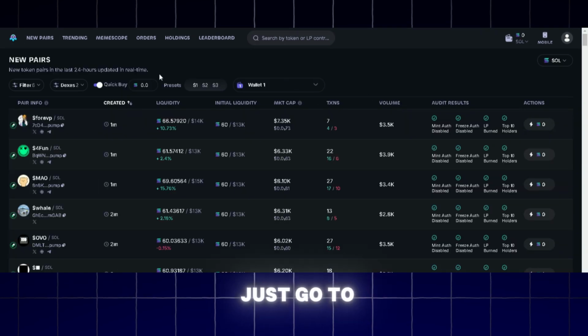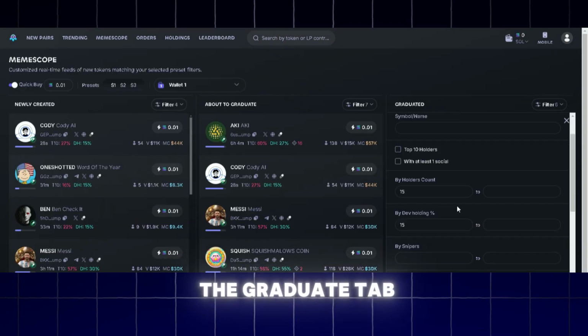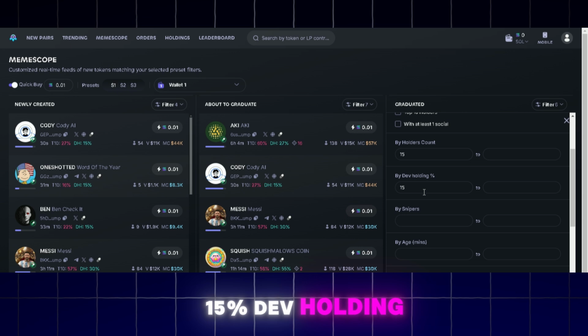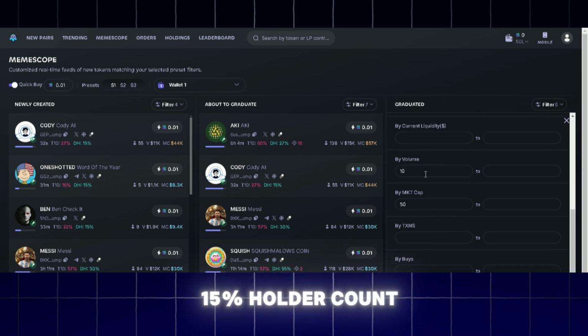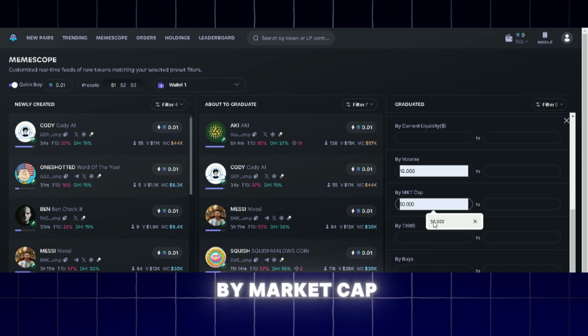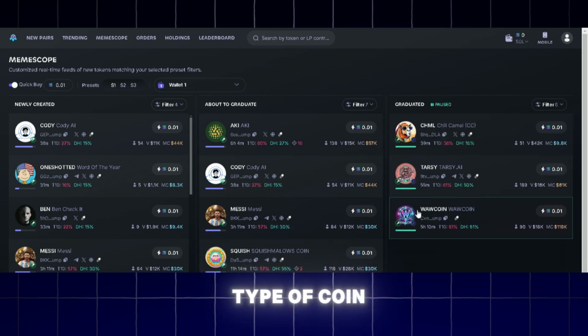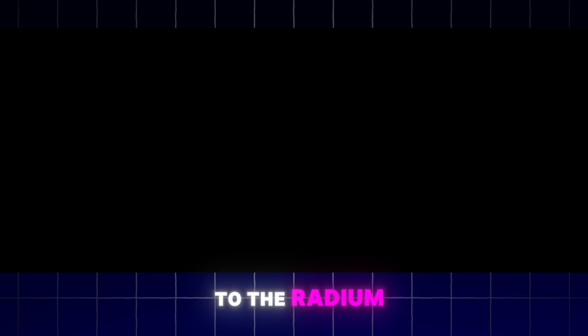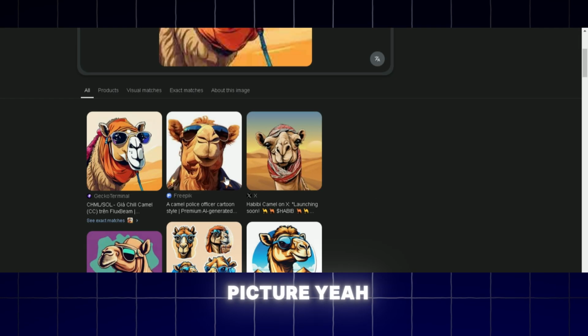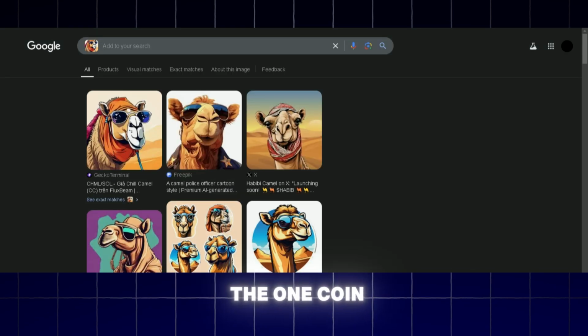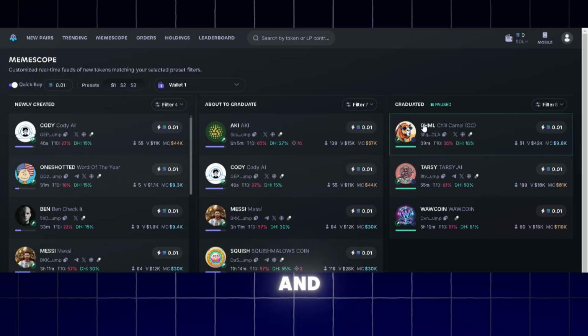If we go to the meme scope again, we have the graduated tab, which I use with 15% holding, 15% order count, volume 10,000, market cap 50,000, and apply the filter. We have these types of coin that are promoted to Raydium, and if we see the picture, this is the one coin only right now.